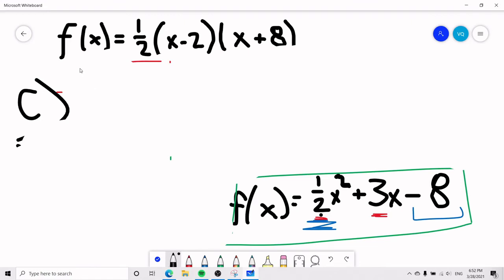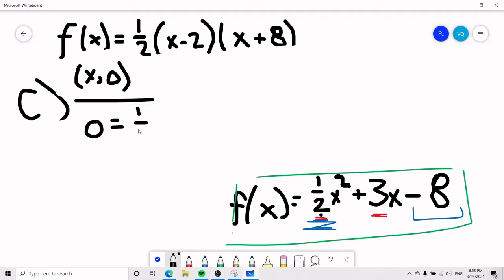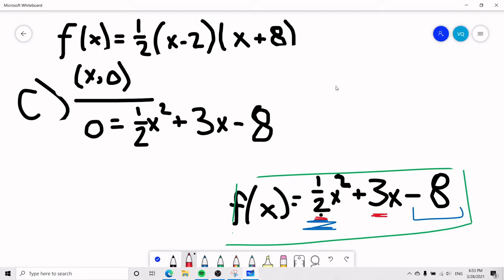So for the x-intercept, if I'm going to plug in x comma 0, I'm going to use the form in green over here, just because I think it's a lot easier to manage. So the first way that is always going to work is that you plug in x comma 0 and you end up with this, right? And I'm going to show you this way that it takes a lot longer, but it's also more reliable because it always works.